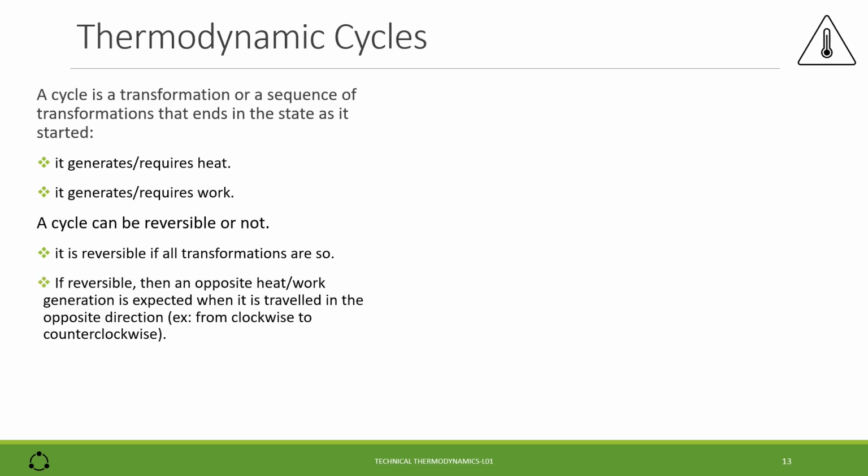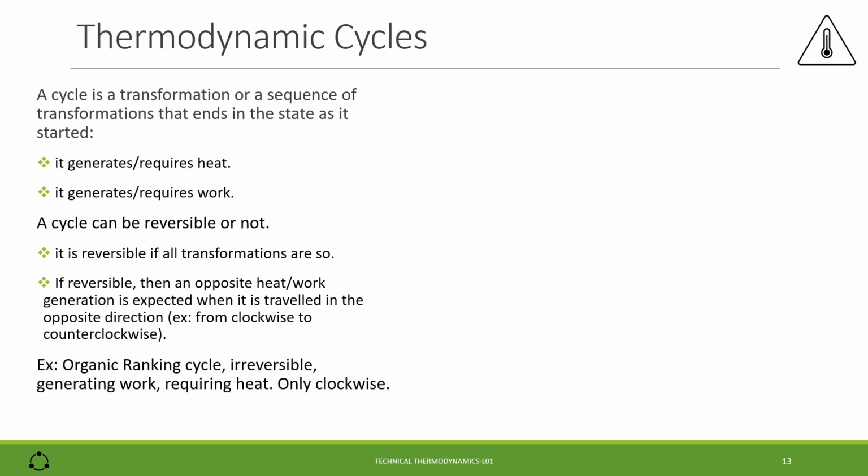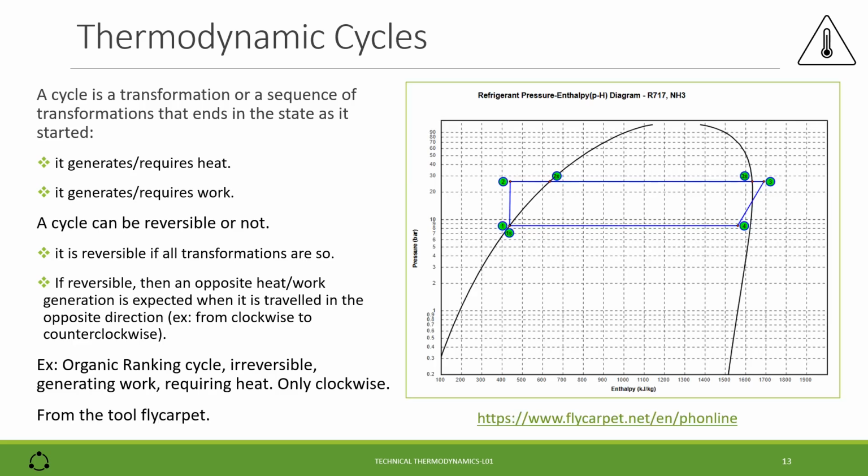And in this case, an opposite heat-work generation is expected when it is traveled in the opposite direction, for instance from clockwise to counterclockwise. In the picture is represented an irreversible organic Rankine cycle, generating work and requiring heat, and this can be traveled only clockwise.